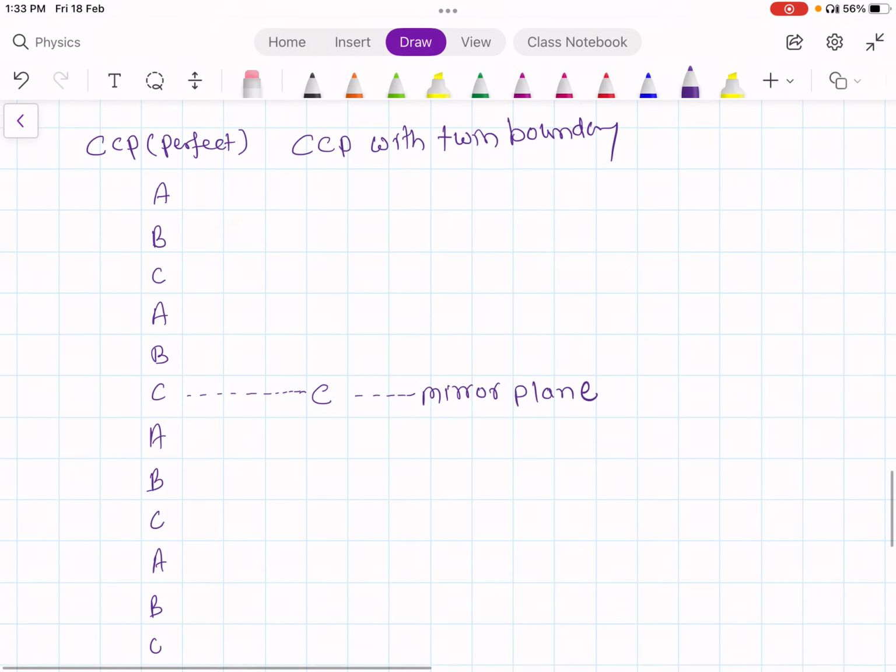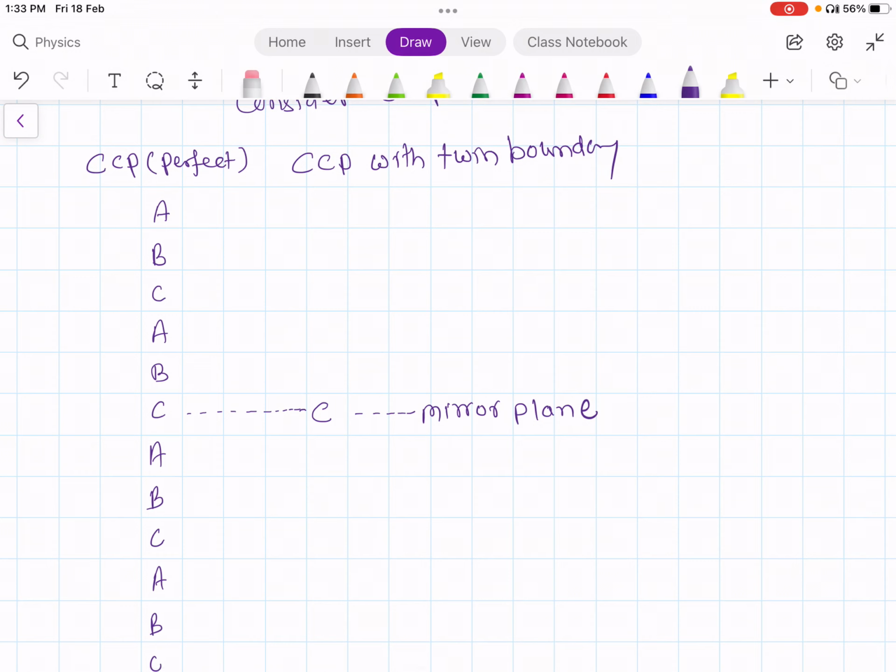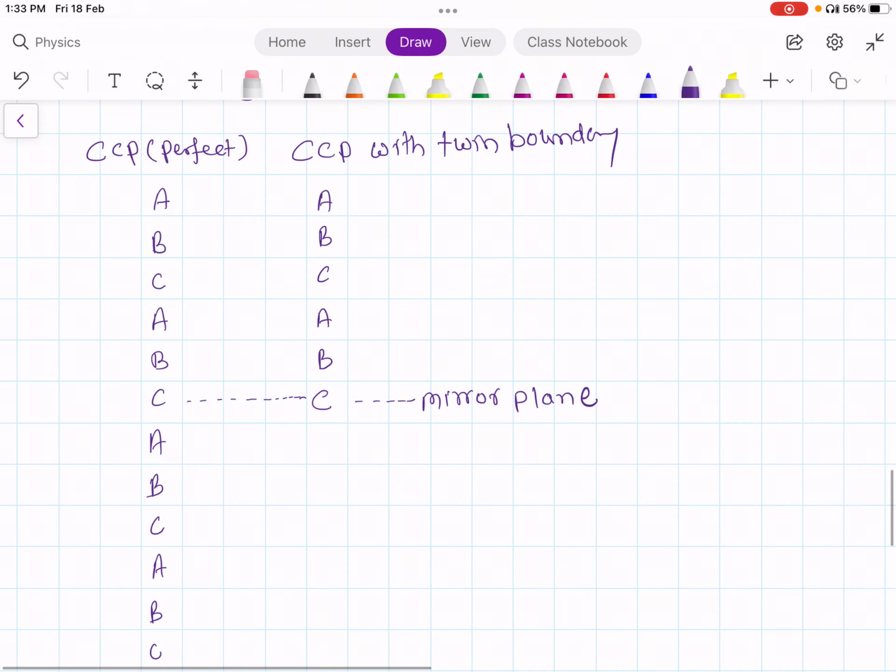And above this mirror plane, the sequence is the same. The sequence is A, B, C, A, B, C. But since this is a mirror, the upper structure is reflected in the mirror plane. So what I am going to do is reflect the structure.